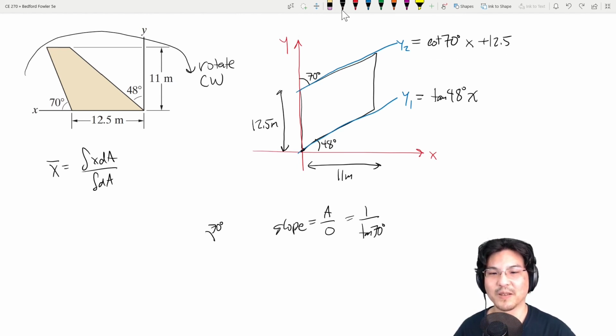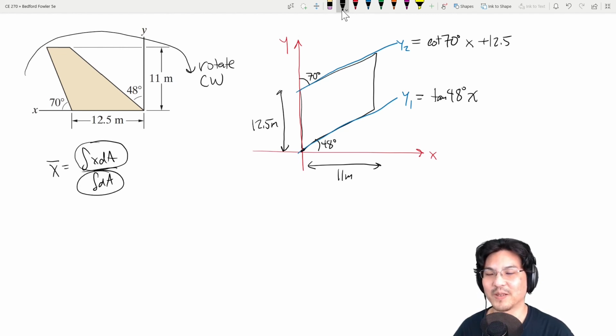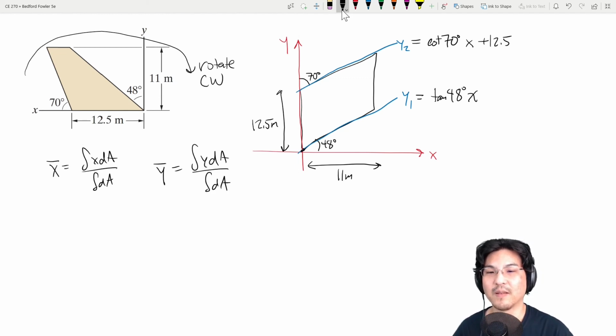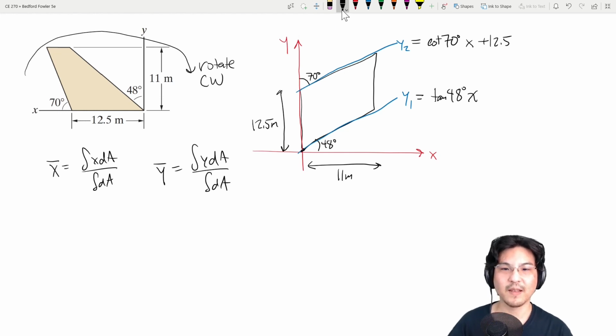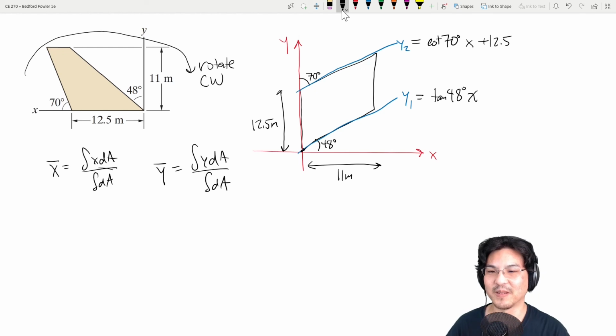So then if you want to find the x component of the centroid, you just have to get this numerator, this denominator, and then for the y component, like that. Okay, let me set one of these up. So how about I'll do the denominator.